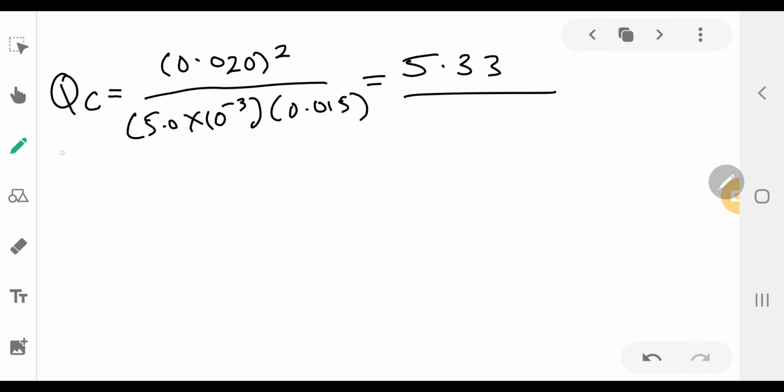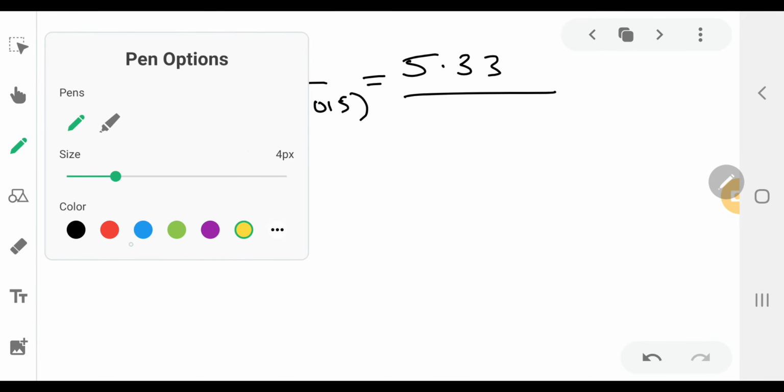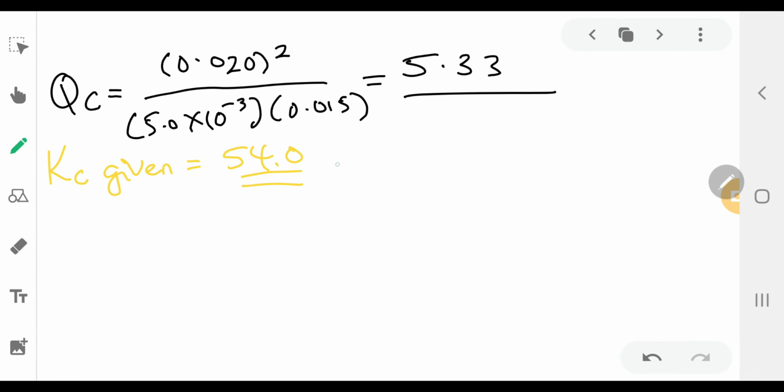The value of Kc is 54.0. Obviously, we have a value of Kc way bigger than Qc. So if you imagine that you have this range, okay, your Qc would be somewhere around here, which is 5.33.